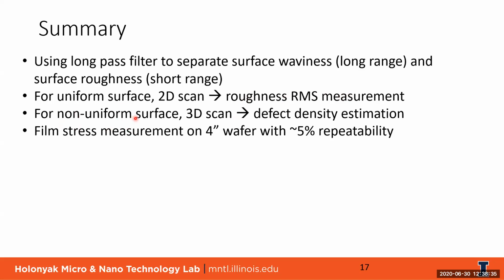If you have a non-uniform surface, like what we described in the silicon etch surface, you might need to do a more detailed 3D scan, and that can also potentially allow you to estimate the defect density. Finally, I showed you the film stress measurement as well as Patrick's dual frequency pulse stress control data.